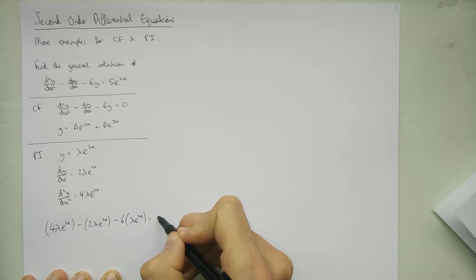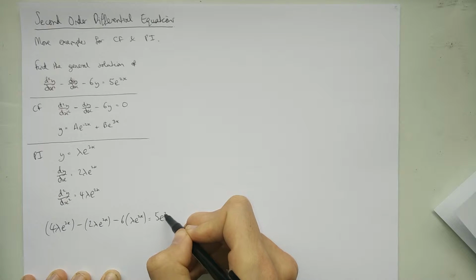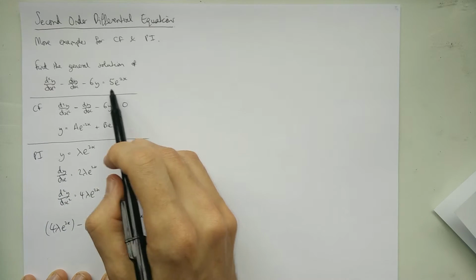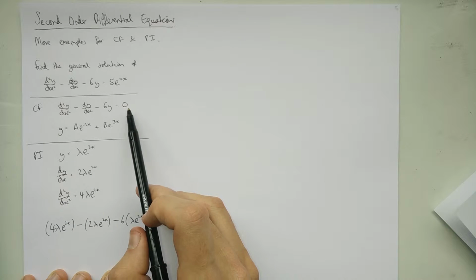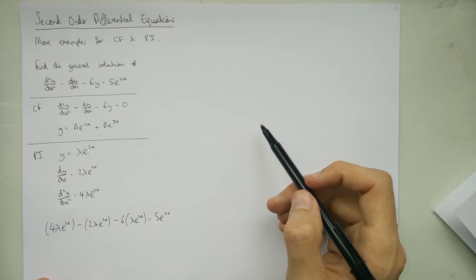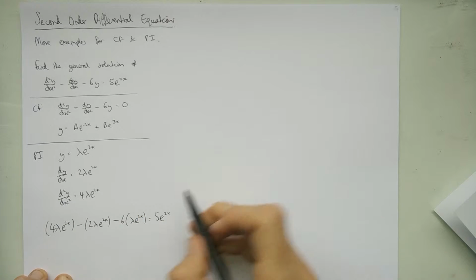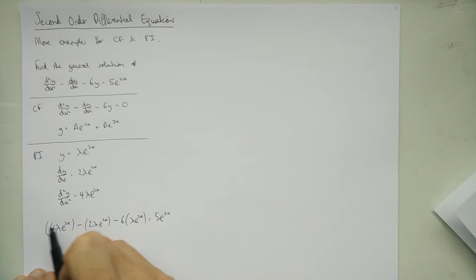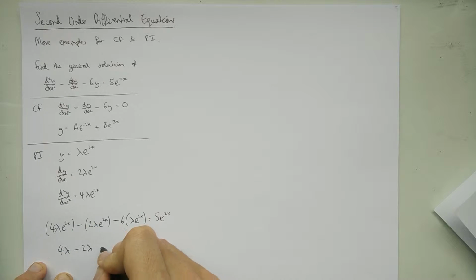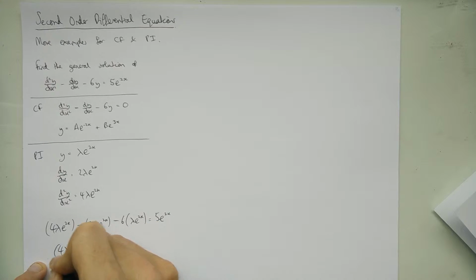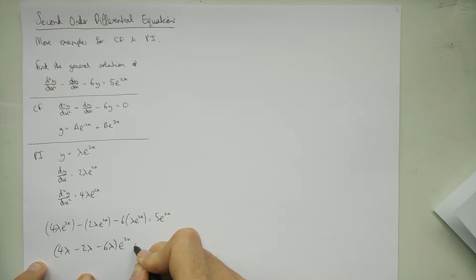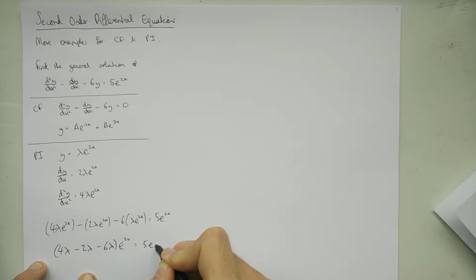And that's all equal to 5 e to the 2x. And when we're doing the particular integral, it's actually equal to the function it is. It's only the complementary function where you stick it equal to 0. Now we're going to expand this side. So we've got 4 lambda minus 2 lambda minus 6 lambda, and that's all times e to the 2x. And that's equal to 5 e to the 2x.